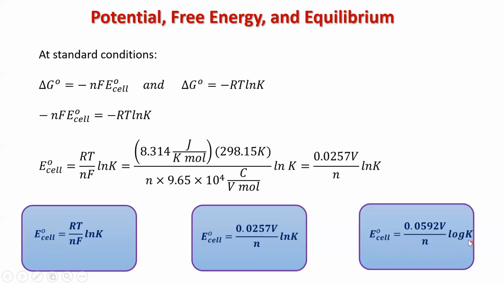We can also convert that. Instead of using ln, we could use log, and we've got 0.0592 divided by N times the log of K. So whether we want to use the ln value or the log value will give us a little bit of a different equation.